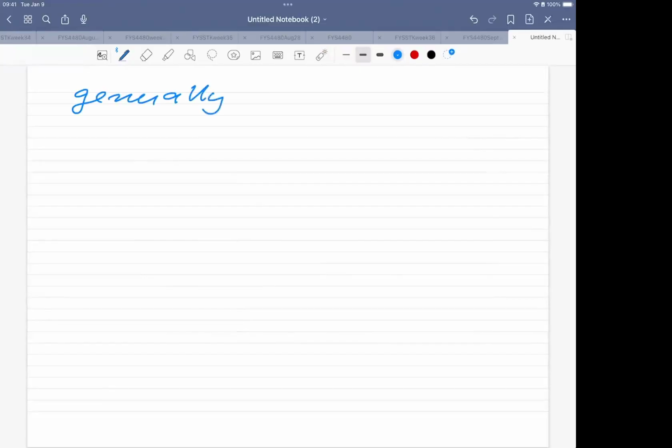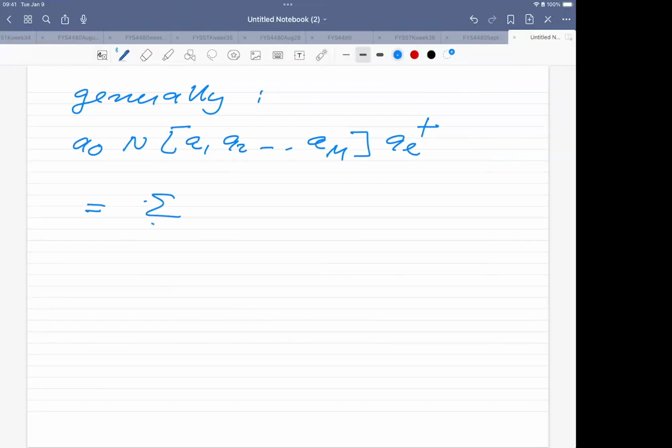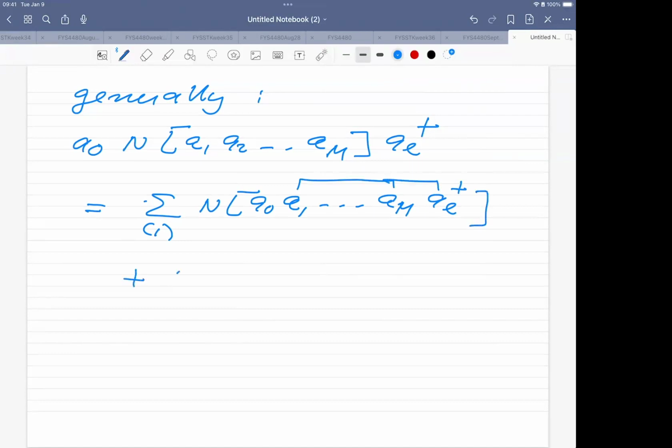Generally, what we will have then is that if I take and multiply this A0 with a chain of these operators, A2, which is normal ordered, up to some AM, and have this AL dagger, which is being added, then this is just going to be equal to the sum of all the contractions, one type of contractions with a normal order product of A0, A1, up to this AM, and with this AL dagger, plus the normal order product of A0, A1, AM, and AL dagger.